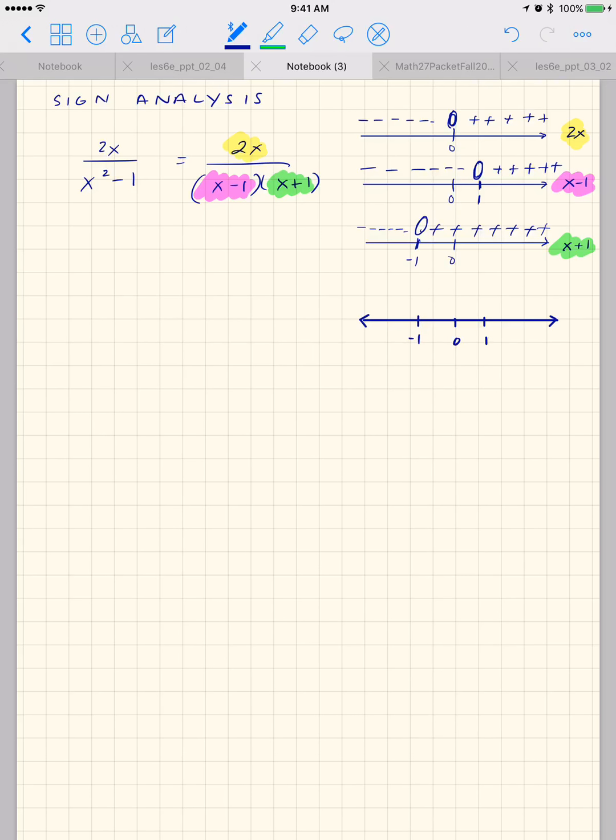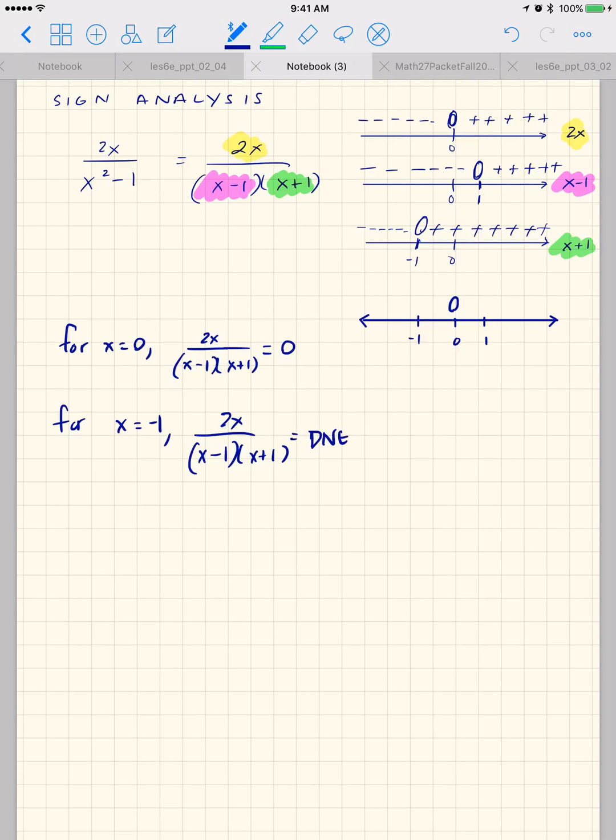Now, for x equals 0, 2x over (x minus 1)(x plus 1) is equal to 0, so I put a 0 here. For x equals negative 1, 2x over (x minus 1)(x plus 1) is going to be undefined.